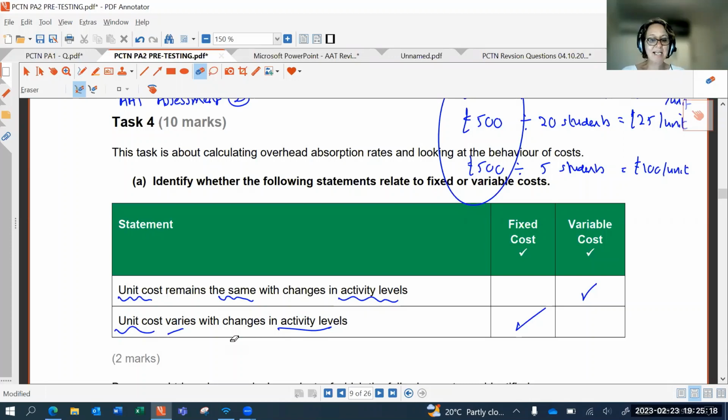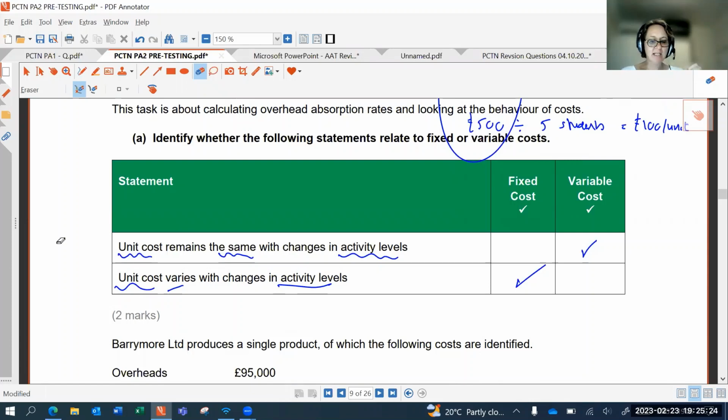So you get the exact opposite answer to this question if that had said total instead of unit. So it would have to specify. It's actually an easier question, I think, if it says total cost, because I think we work in total costs in our brain a little bit more easily, which is perhaps why they were testing the unit cost to see if we could get on top of that.